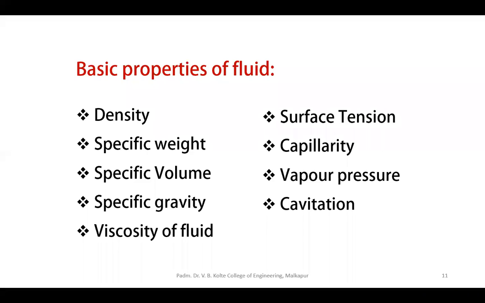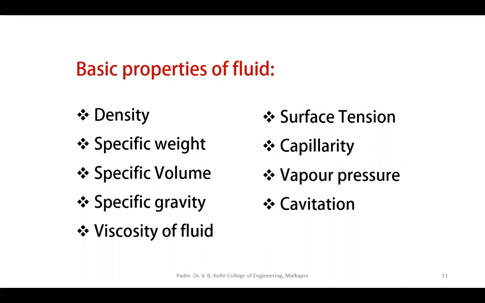Now from this our unit number 1 starts. So start with the basic properties of the fluid. So in front of you there are 9 properties in the part 1 syllabus of the fluid mechanics unit number 1.